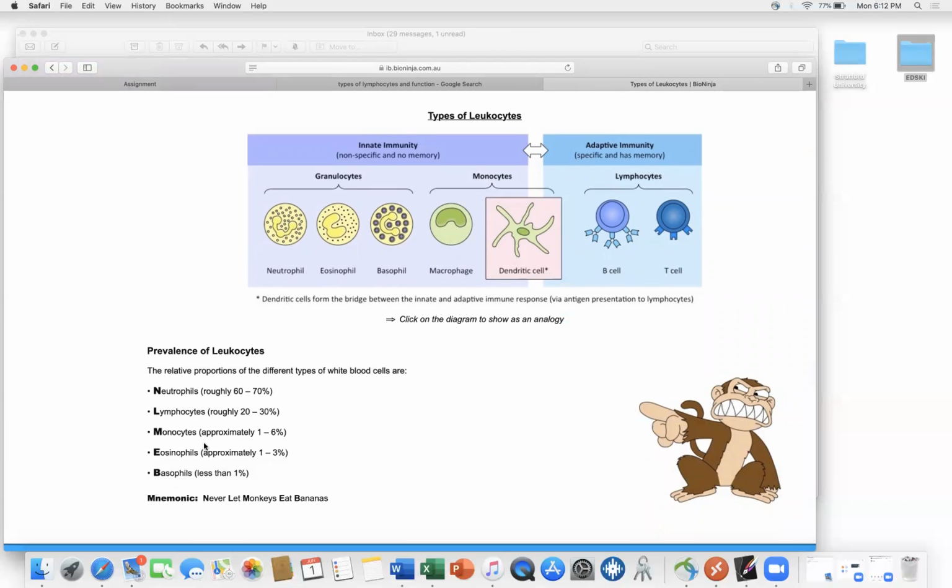And of course, eventually you're going to learn the prevalence of how many of them are normal, but that's in your laboratory class. So you can see here right off the bat, it's better than a textbook because it's already telling you what you need to know. So you need to know what they are, what categories, and what's so special about each one of them.